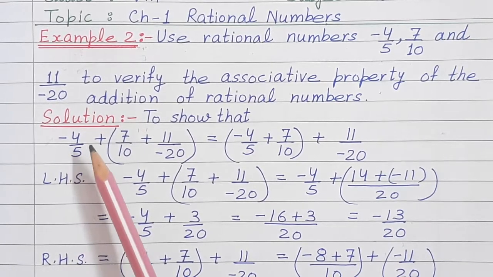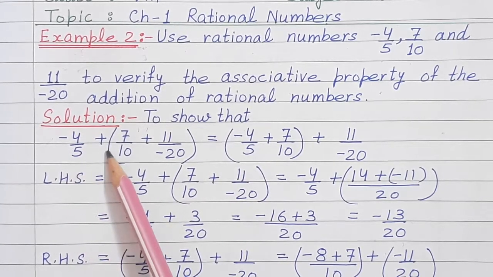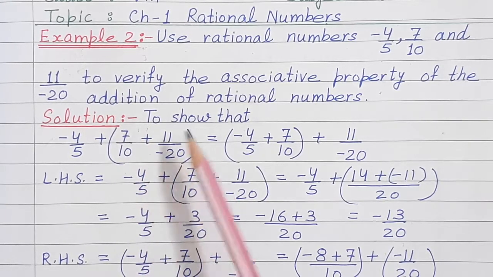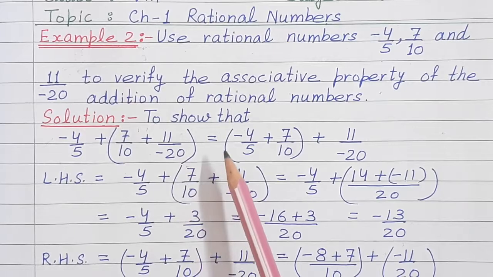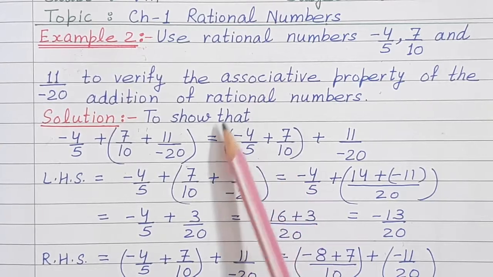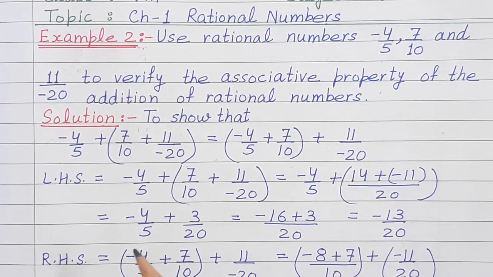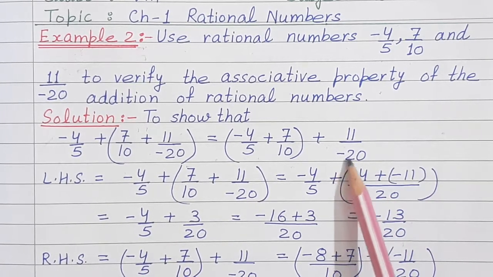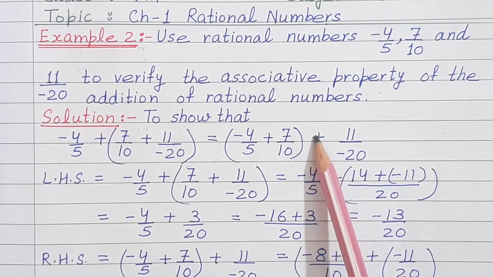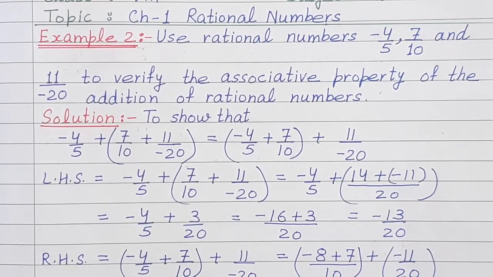So in the solution, to show that minus 4 upon 5 plus, within the bracket, 7 upon 10 plus 11 upon minus 20 is equal to minus 4 upon 5 plus 7 upon 10, which is within the bracket, plus 11 upon minus 20. Now students, remember here this minus sign before 20 will come up, right? It will come here. So it will become minus 11 upon 20. That we will do in the next step.